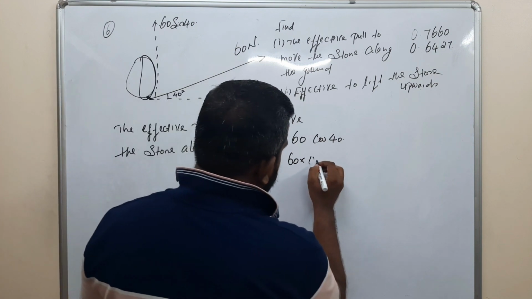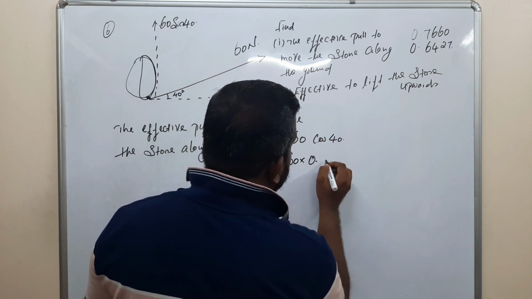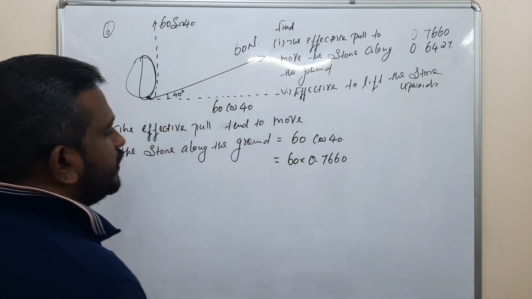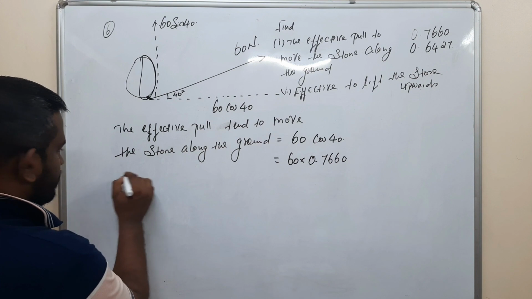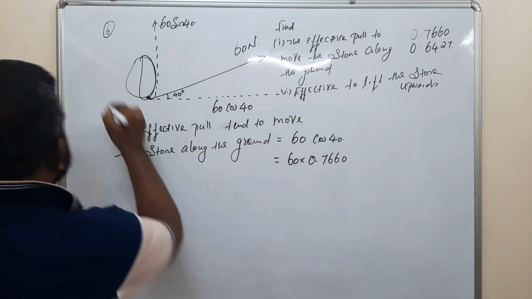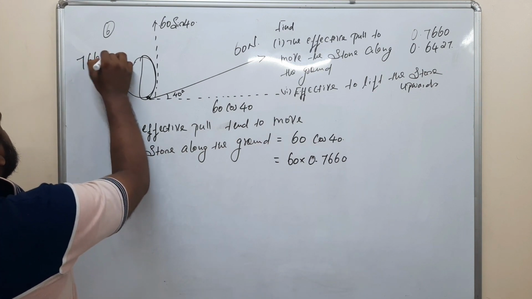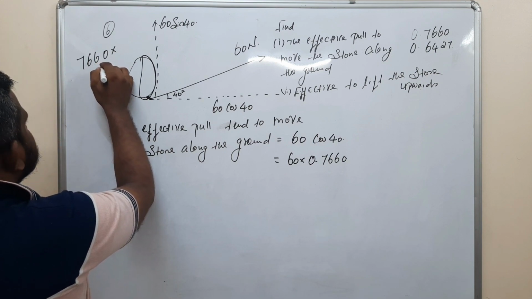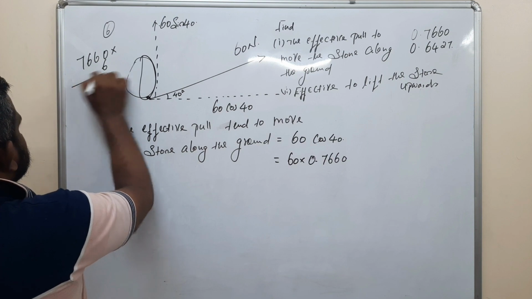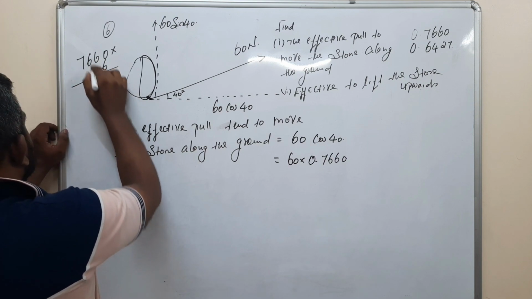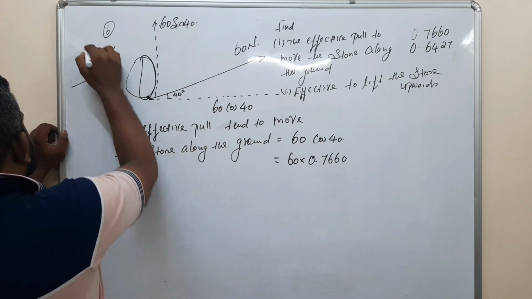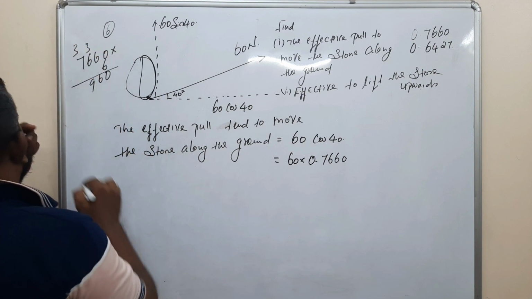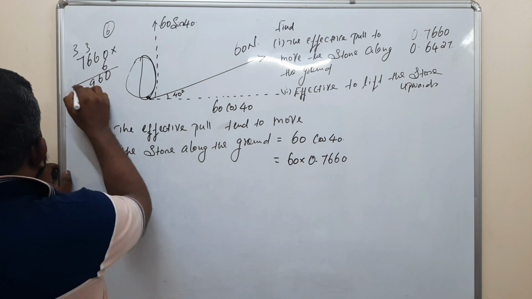That is 0.7660. So multiply 7660 into 6: 0, 36, 6, 3, 36, 39, 3, 45.